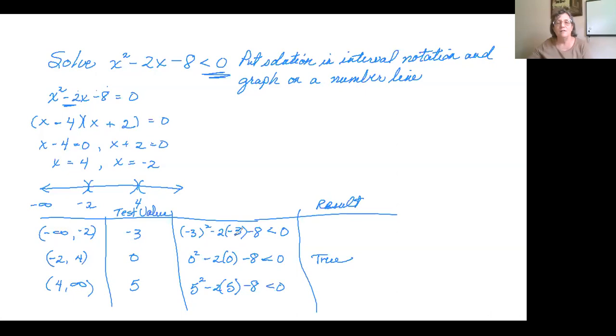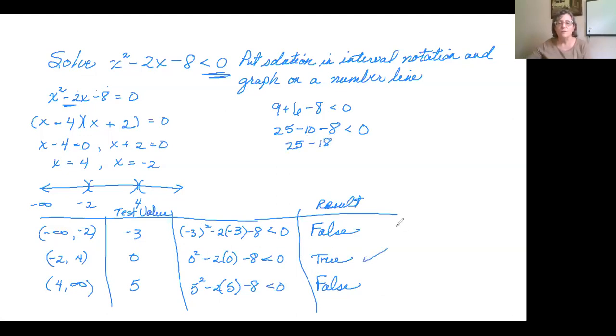This is going to be 9 plus 6 minus 8 is less than 0. That's 15 minus 8, so that's false. This one's going to be 25 minus 10 minus 8 is less than 0. That's also going to be false because it's 25 minus 18.